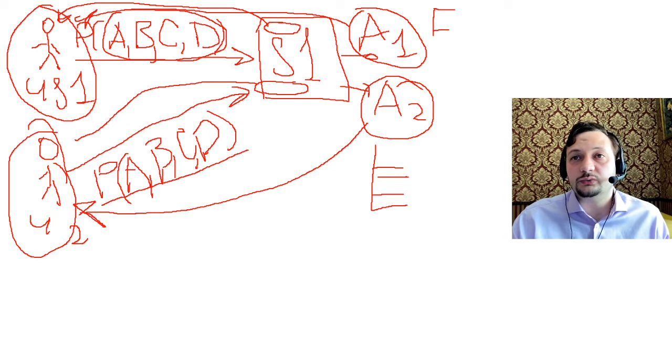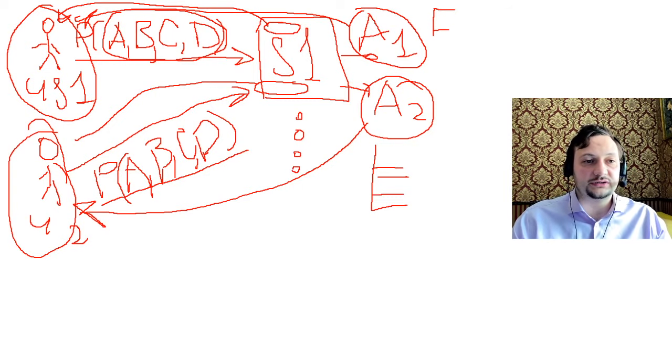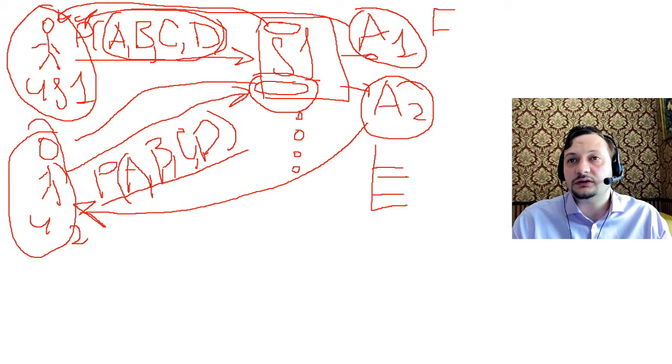And when we implement the stateful approach, we have some problems because we cannot easily implement scalability. Without the knowledge of the state, we cannot just copy the service to the service 2.